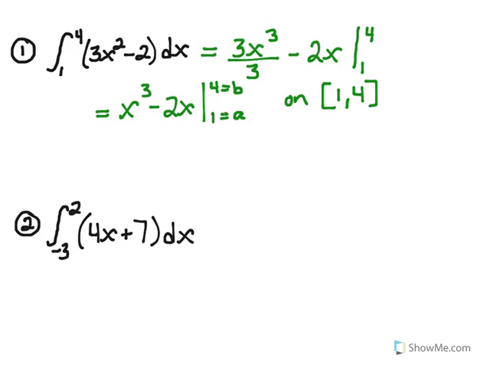The fundamental theorem states plug in the b value first and get a number for that. So we do 4 cubed minus 2 times 4. And then we subtract the function evaluated at the a value, 1. So I do 1 cubed minus 2 times 1.